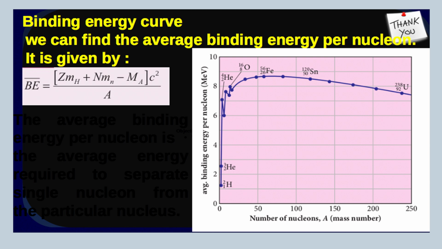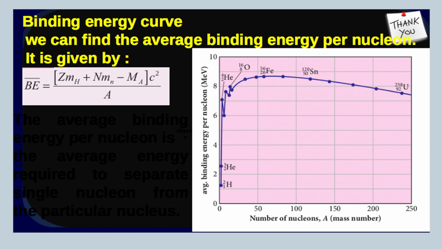As the binding energy is highest, it is more stable, and if it moves from this highest value to lower values, its stability is decreasing. So, what we can say is that iron, where the binding energy is about 8.8, is the most stable.